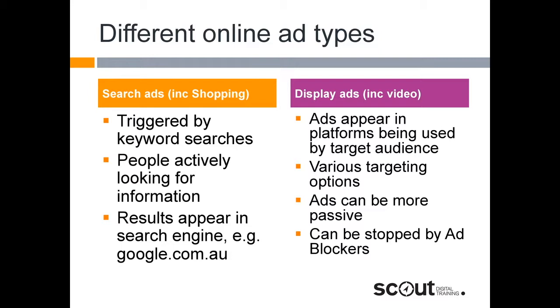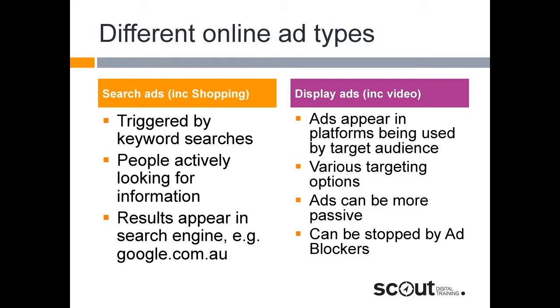So I do like to think about these two different types of ads as push and pull. I mentioned push a bit with the display ads, where we've made a decision that we want to reach this type of audience and we're pushing our messages out at them and hoping that they're going to be attracted by the design and the message and the offer and the timing and the placement and all of those things.